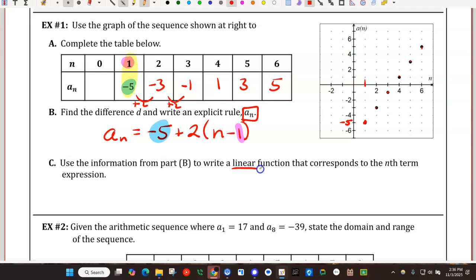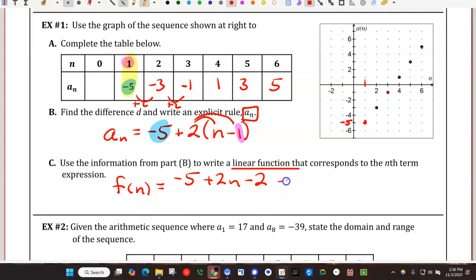They're saying write a linear function. So you go from a sub n, which is subscript notation or sequence notation, to function notation, which means you use f of n instead of a sub n. And then just go ahead and distribute like we normally would, right? So distribute the 2, distribute that. So we have -5 plus 2n and minus 2.